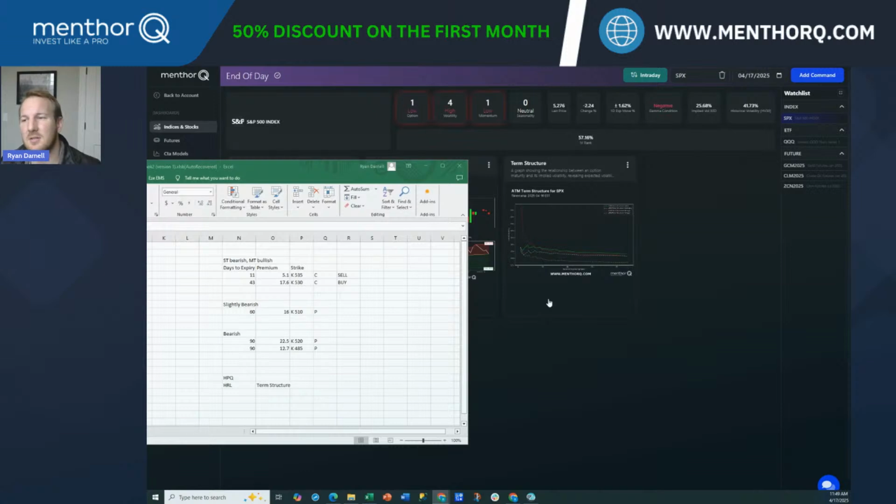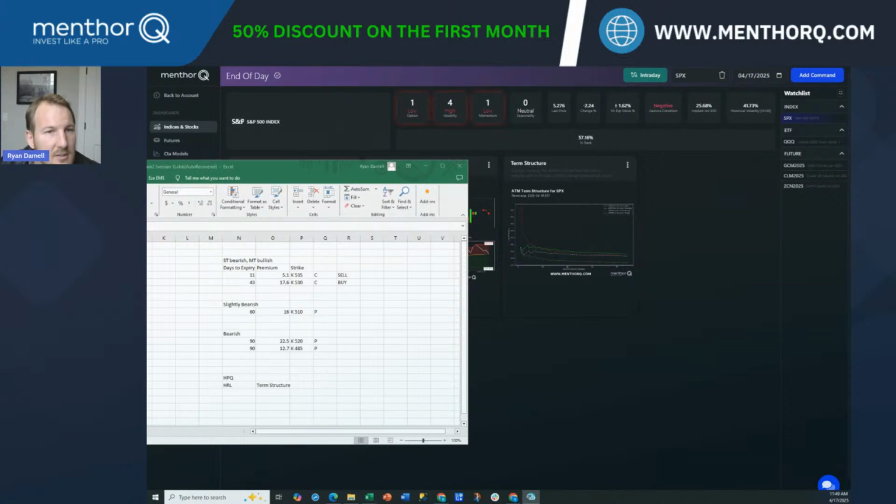These options that look expensive, like this $17 that you're paying on the SPY, that's still going to be worth something. We can estimate how much that's going to be worth. We can check out what a 32-day option is worth. I'll give you a quote real quick for that.